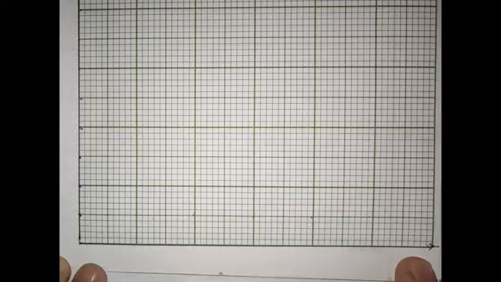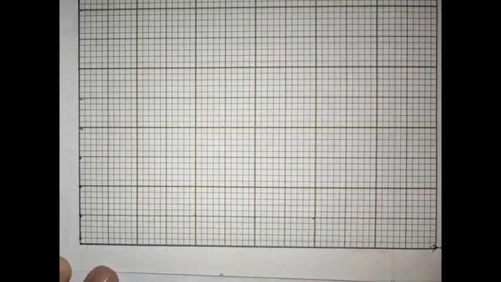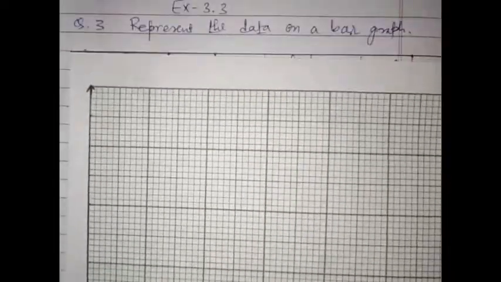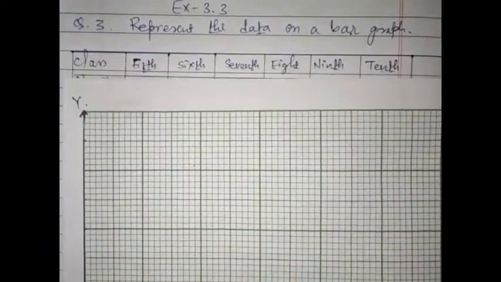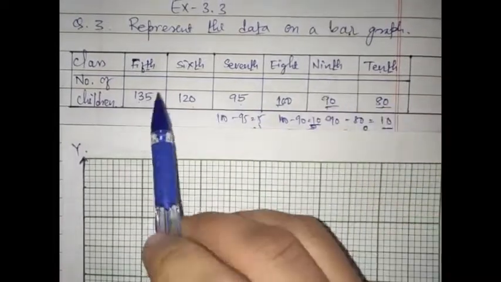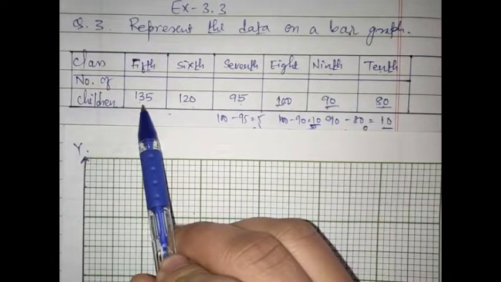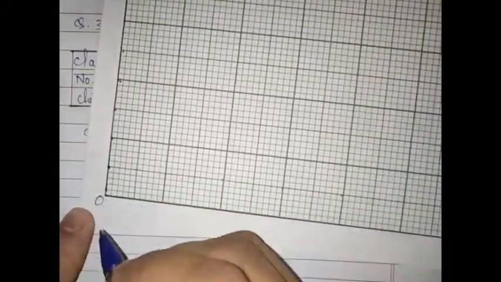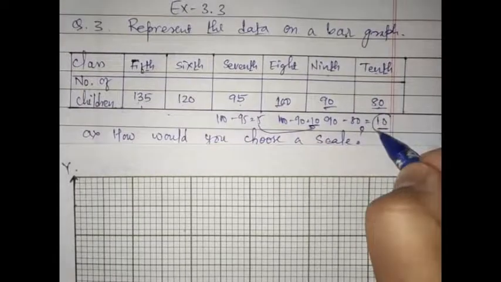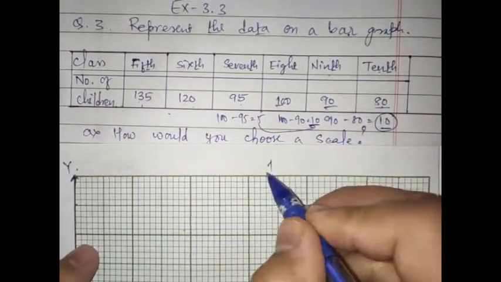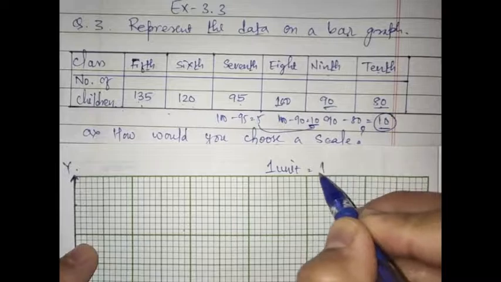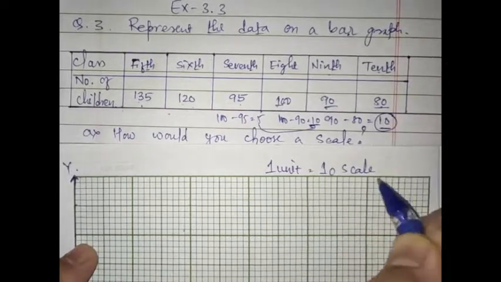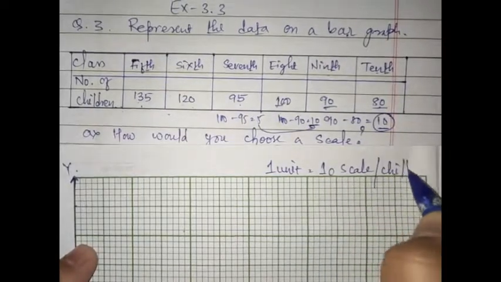So students, as I mentioned in the previous class, there should be two axes. First it is the x-axis here, and here it is the y-axis. The range is from 80 to 135, right? So I have chosen 0 here, and we are going to take 1 unit equal to 10 children.